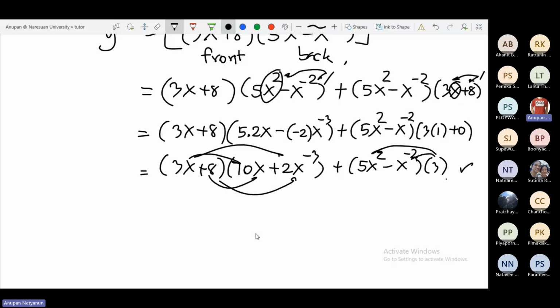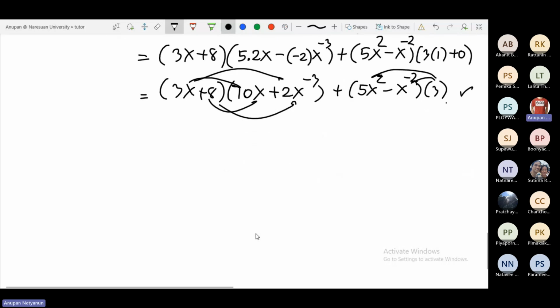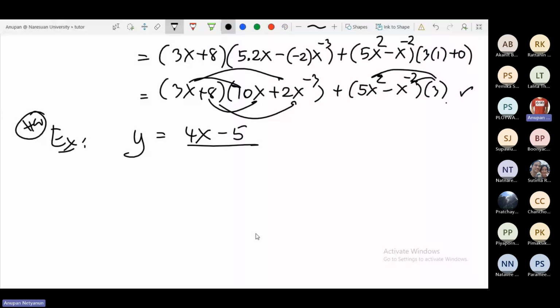Okay, now let me give you two more examples, but this one I'll let you do as homework, which is y equal to 4x minus 5 over x squared plus 8. Okay. This one, you can see that you have this function divided by this function.